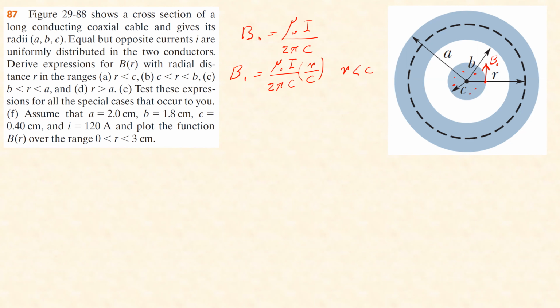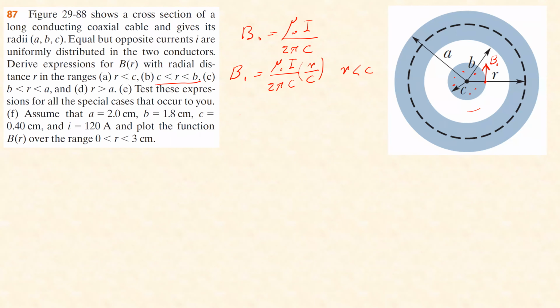part A. For part B, which is R between C and B, means around here, we can apply Ampere's law, but you don't have to. You can use the result of what we found in here.